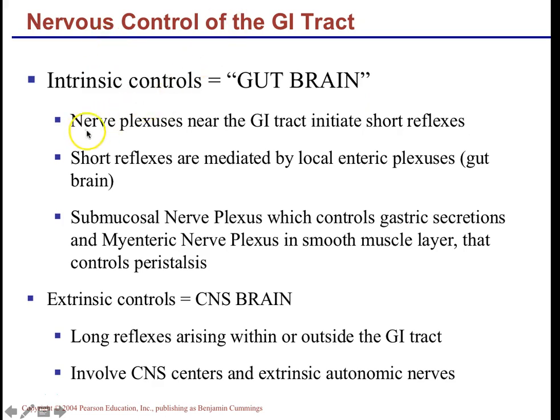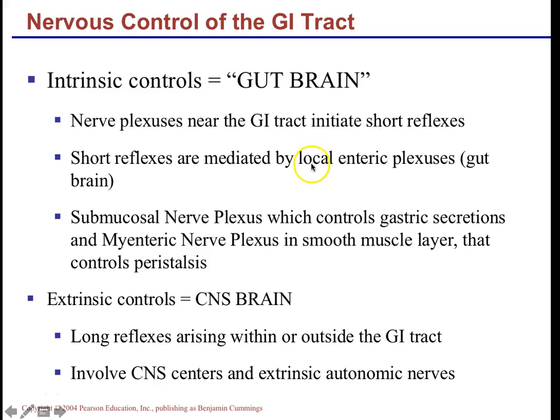So, these are nerve nets, or called nerve plexes, in the GI tract. They're called short reflexes because they are actually very specialized cells in the stomach and the small intestine that can make hormones and digestive enzymes. And the gut brain is right there. It's right there in the stomach, it's right there in the small intestine. So it's a short jaunt away, it's a short reflex.